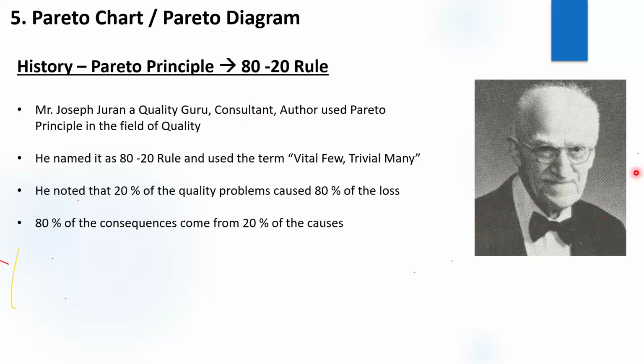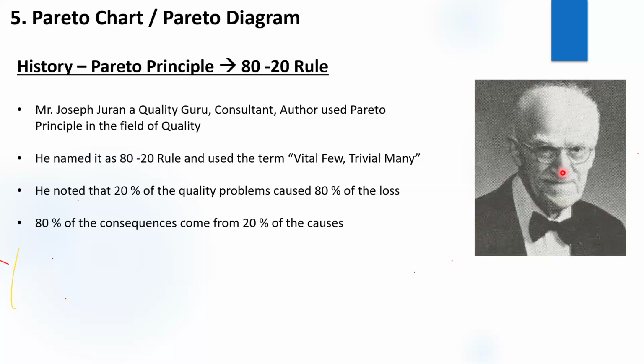He is a famous quality guru, and the name is Sir Joseph Juran. As I told on day one, he contributed a lot in improving the quality of Japanese products along with Dr. Edward Deming. Joseph Juran was a quality guru, consultant, author, and he used the Pareto principle in the field of quality.